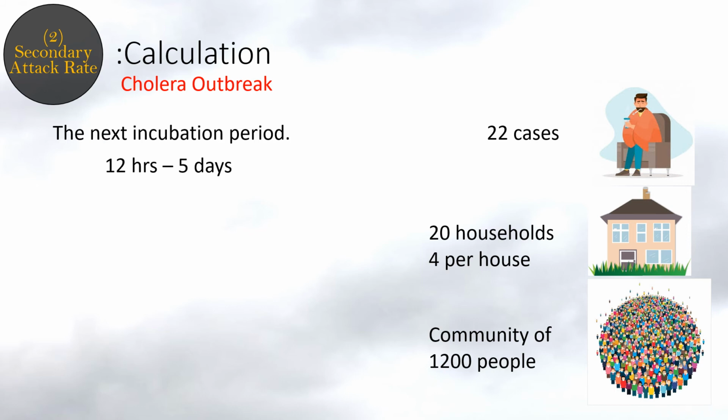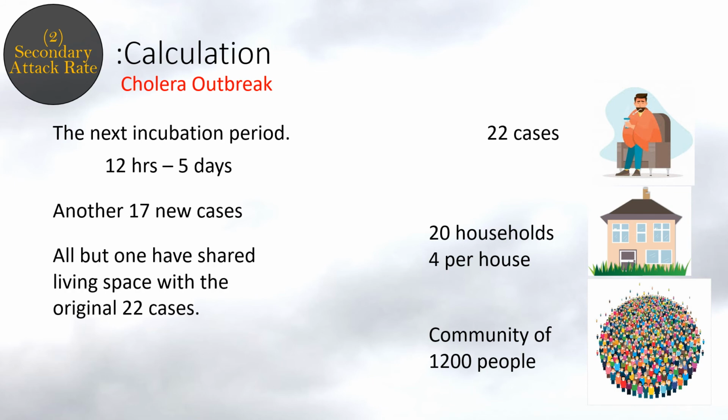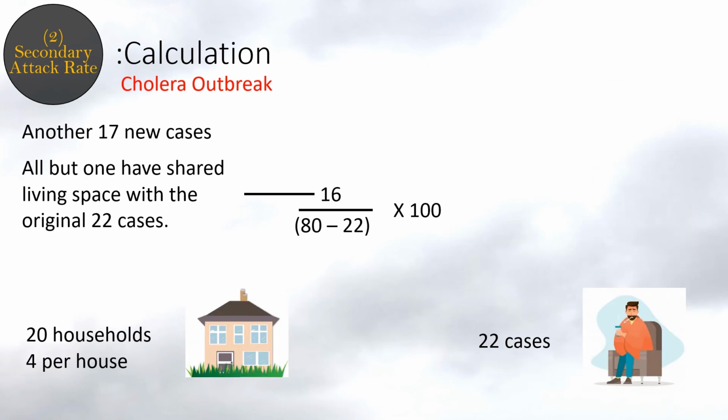Now, the incubation period for this, let's say, again, it's cholera. Cholera is between 12 hours and 5 days, but we're going to make it the 5 days fully. Now, after the 5 days, we've got another 17 new cases. All but one have shared a living space with the original 22 cases. This means we've got all but one.